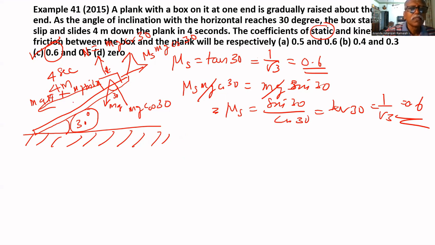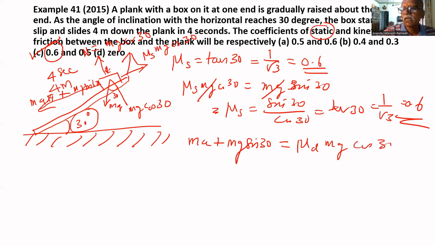That's why the downward is ma plus mg sin 30 equal to the upward is mu dynamic mg cos 30.